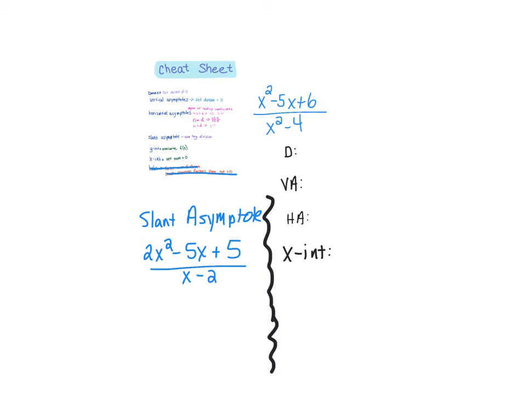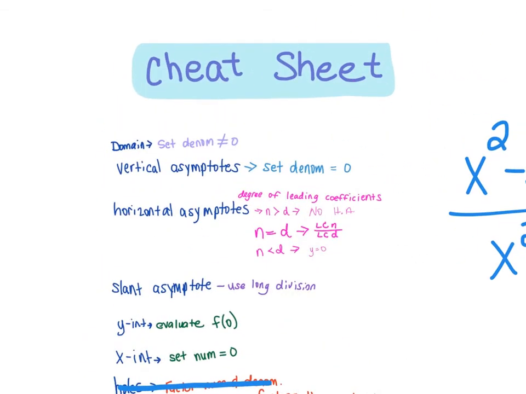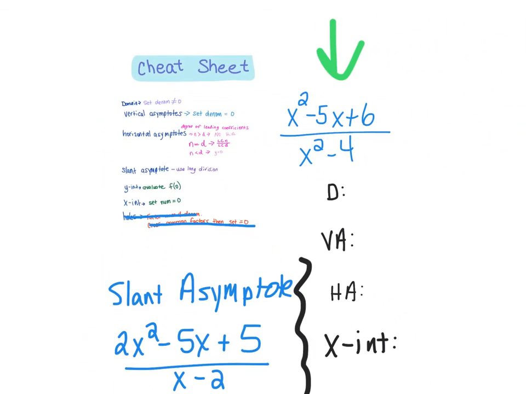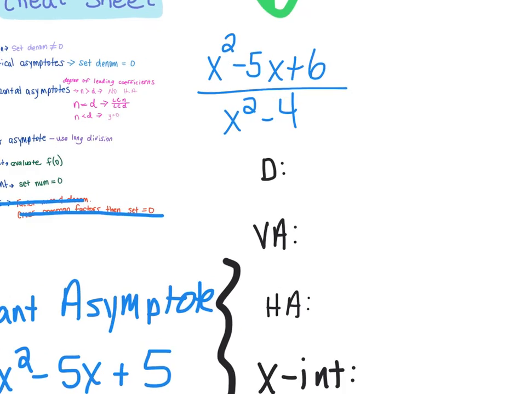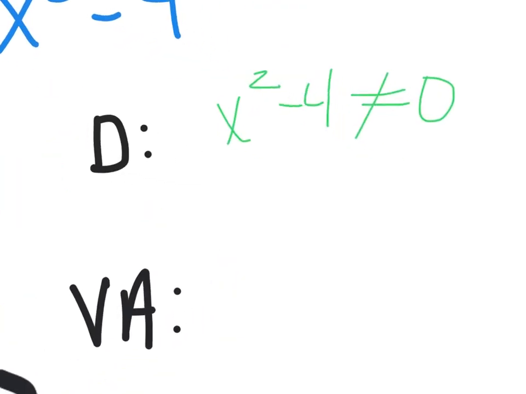So if I look for the domain, we're doing this problem right here. Look at your cheat sheet. This is how I expect you to do your homework tonight. How do you find the domain? What does it say to do? Set your denominator not equal to 0. So I'm going to say, okay, x squared minus 4 cannot be 0. Agreed?